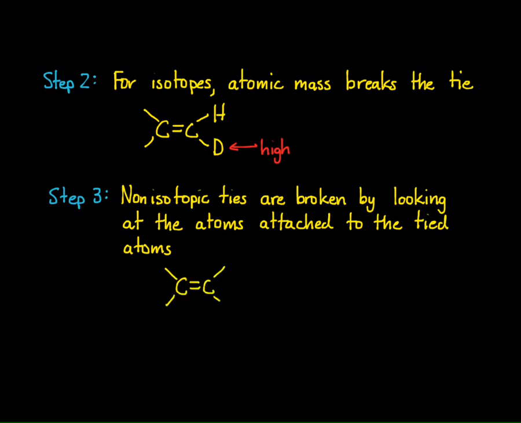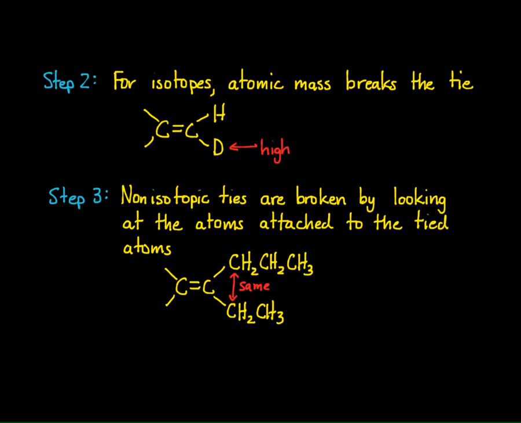So for example, here I have a propyl group coming off of the carbon and an ethyl group coming off of the carbon. The question is, well, how do I assign priorities between these two? Because if you take a look, the two carbon atoms that are attached directly are the same, so there's a tie there. What do you do? You keep going until there is no tie.